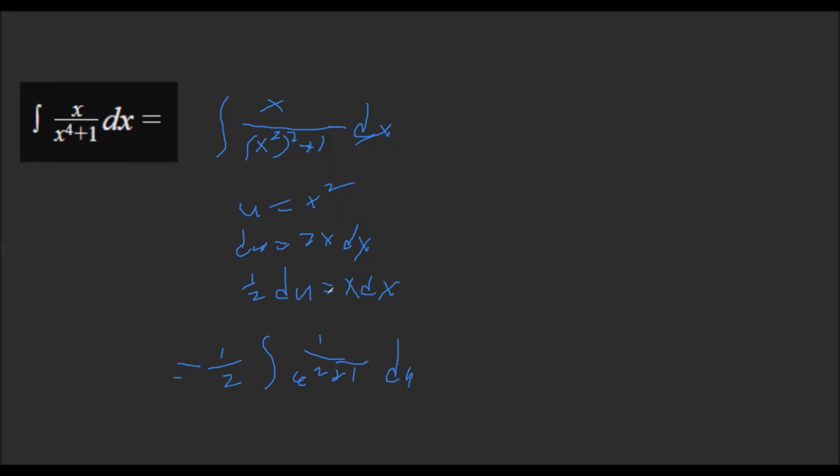And this is already, thankfully, in the form of arctangent. I may have said arcsine earlier, I meant arctangent. So we can say that this is equal to 1/2 arctangent of u. Of course, we have to say it's plus c because this is indefinite. And we can simply plug in u. So we end up with 1/2 arctangent of x squared plus c.